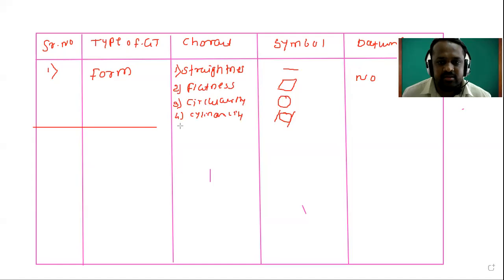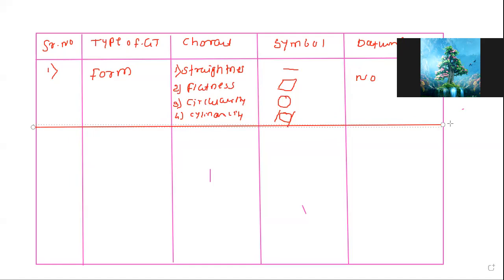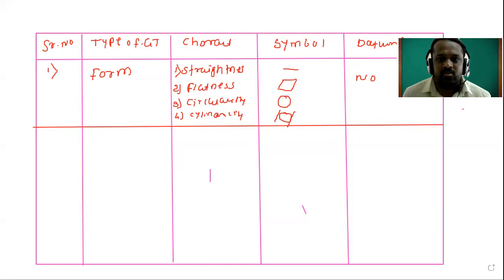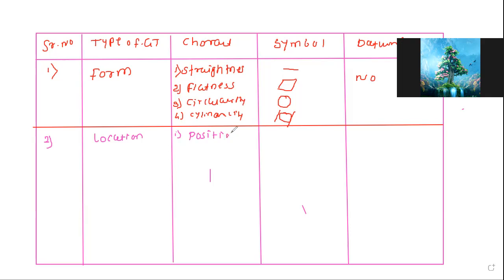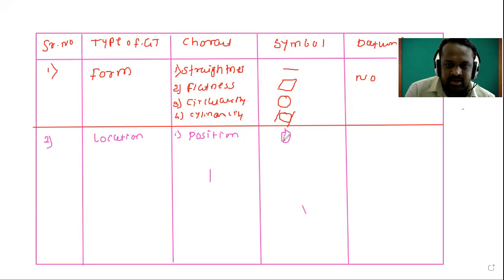Then the second is location. In location, the first is position. The symbol for position is just a circle and its axis like this.